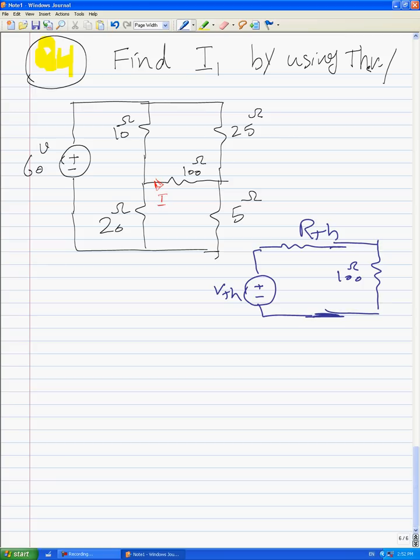And finally, by applying only Ohm's law, we can find out this current. This current, which is the current for 100 ohms, is equal to Thevenin voltage divided by Thevenin resistance plus 100.